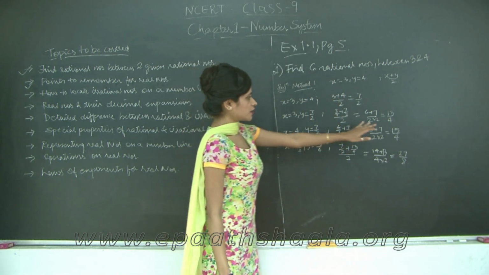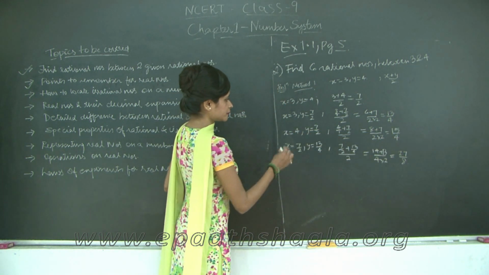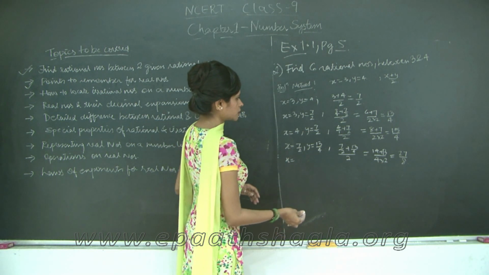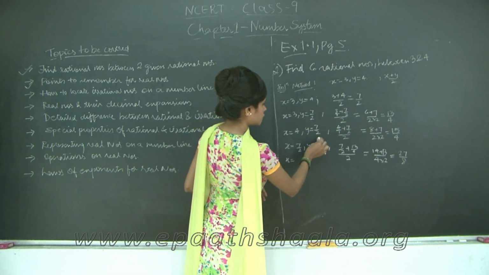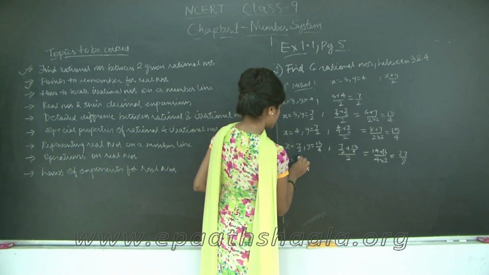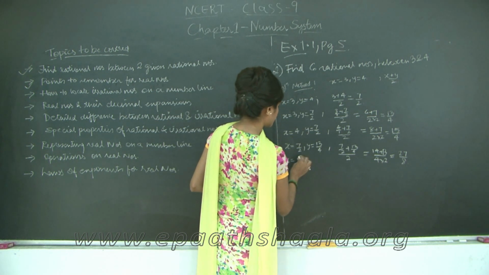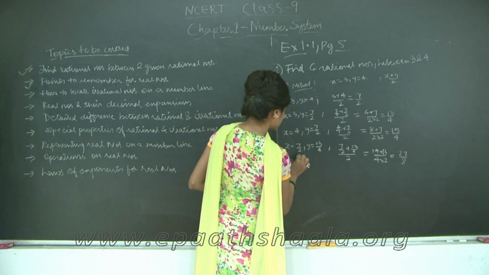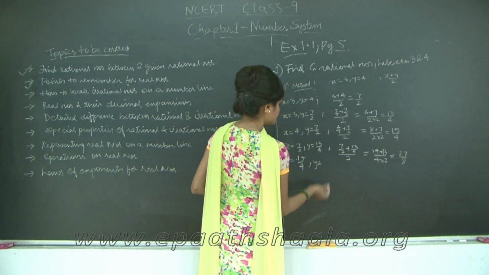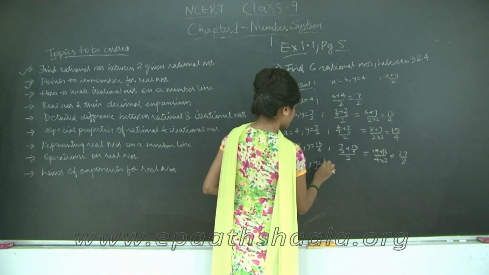Now I'm going to take 13 upon 4 and 15 upon 4 as x and y. So x is equal to 15 upon 4 and y is equal to 13 upon 4.